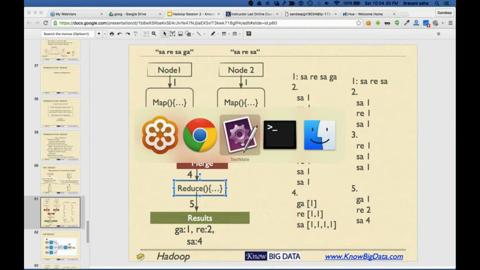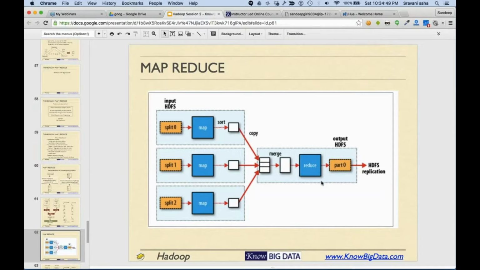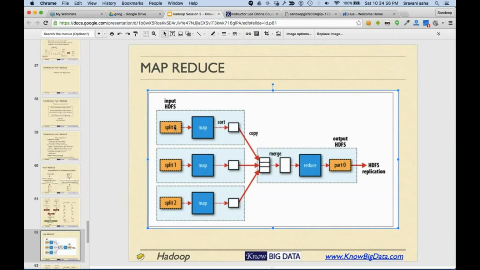All right. This way of looking at MapReduce also makes a lot of sense. So imagine that this is your first part of the HDFS file, second part, third part. So you had a file which got broken into three parts, three blocks, and those three blocks are located on three different machines. 1, 2, 3. Now, the first one gets loaded into something called an input split.